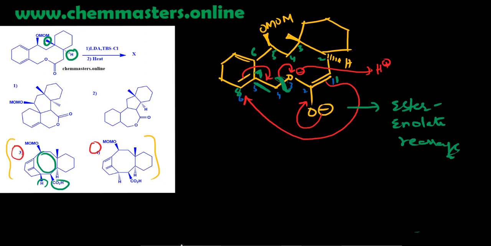Okay, right. So, here is the enolate carbon. Here we have a bulky methyl group and a bulky OMOM, which are above the plane, and here is the small hydrogen, which is below the plane.